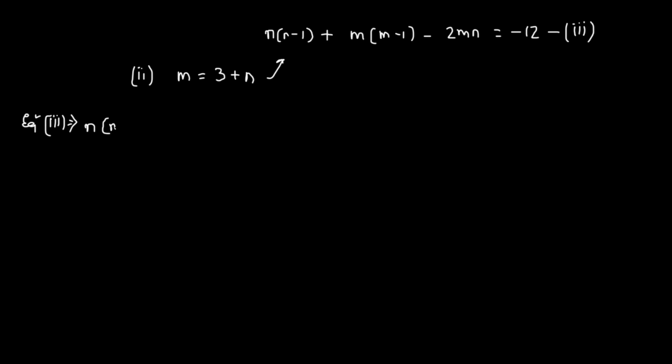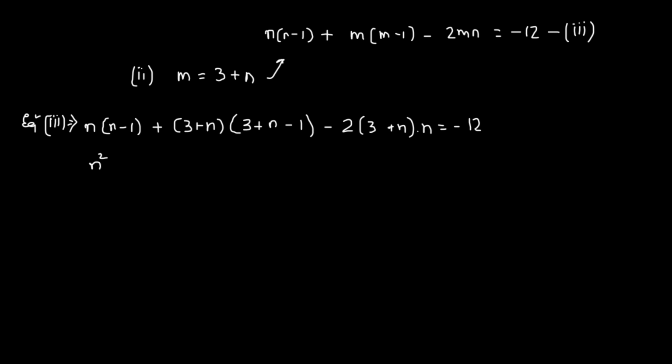n times n minus 1 plus m will be 3 plus n times 3 plus n minus 1 minus 2 times 3 plus n times n equals negative 12.